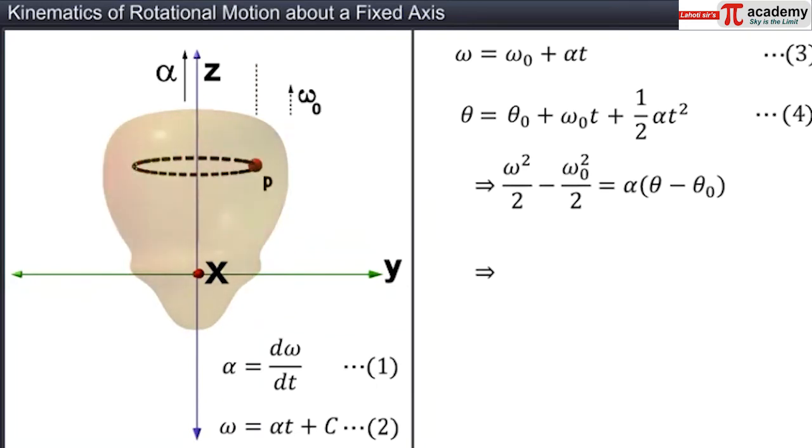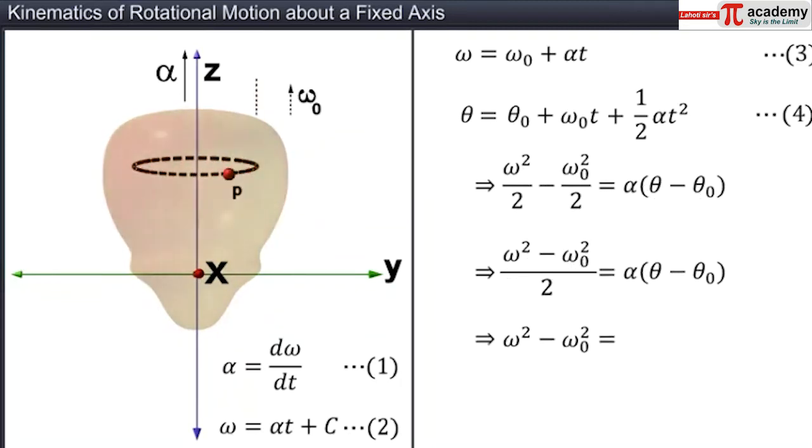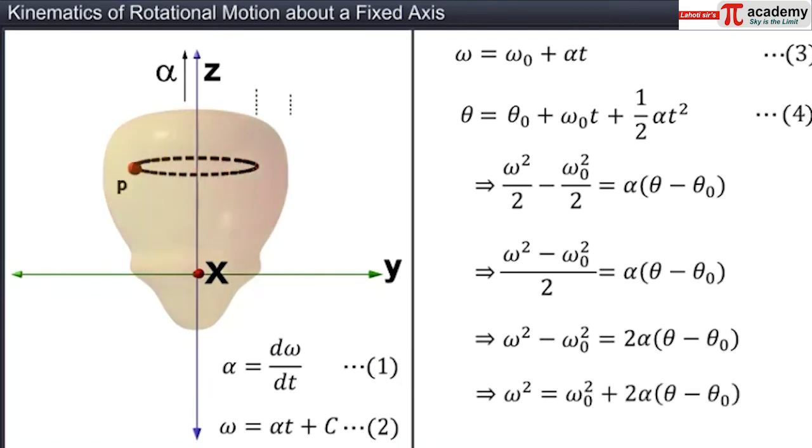On further simplification, we have omega square is equal to omega naught square plus 2 alpha into theta minus theta naught. Let this be equation 5.